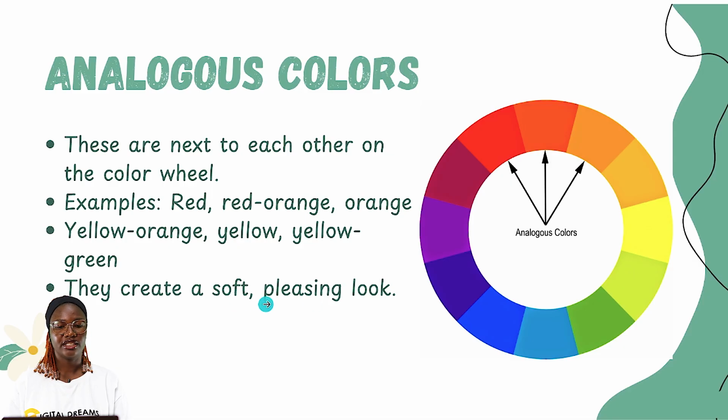They create a soft, pleasing look. If you're making a design, you can decide to use analogous colors, whereby you just pick three colors that are next to each other on the color wheel.